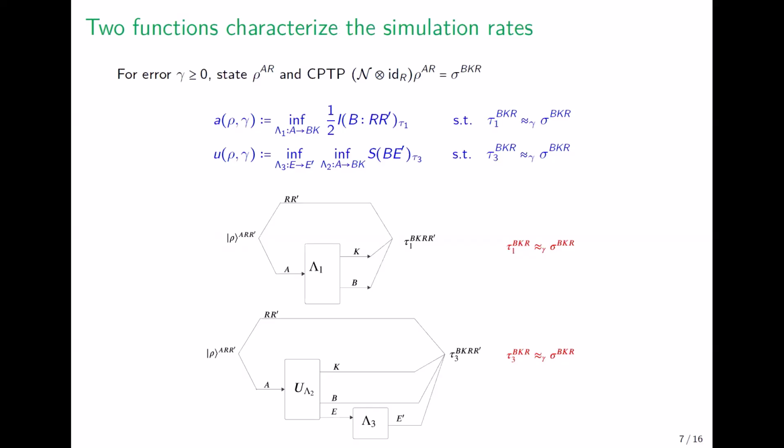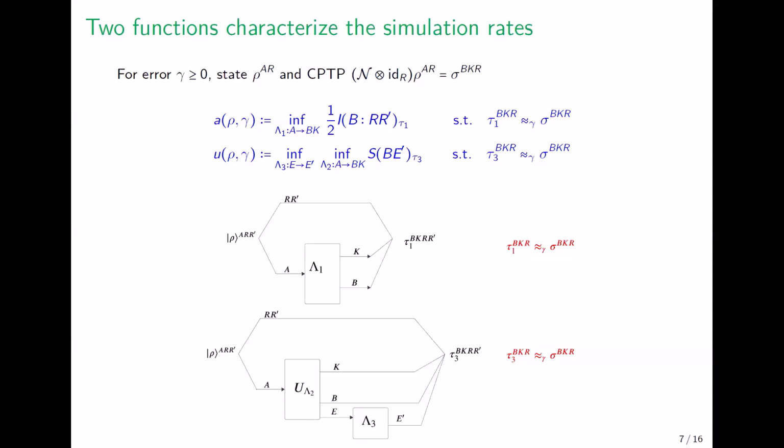But here we say that we only have two functionals. The functional A, which is a function of the channel that I dropped because the channel is everywhere, is a function of the input and also the error, where gamma is the error here. This is A, which stands for the assisted case, and there is also one other functional, U, which stands for the unassisted case. So these functionals are defined here.